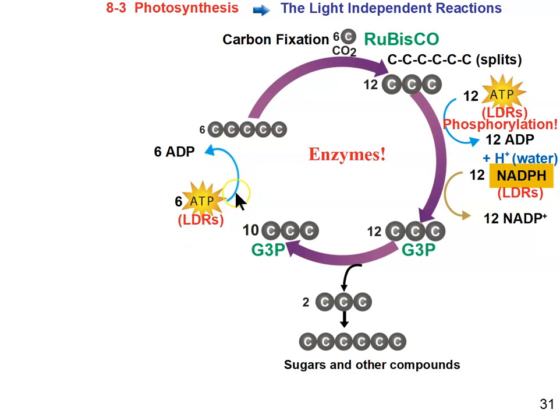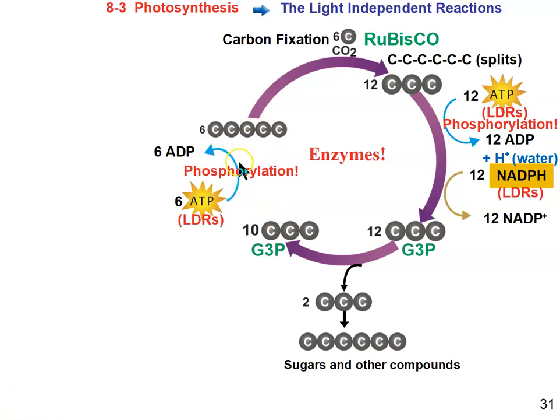So the ATP energizes the G3P, and I'm not going to go into the details, but eventually that creates these 5 carbon compounds through phosphorylation and enzymes, of course, creates the 5 carbon compound that we started out with, ribulose bisphosphate.